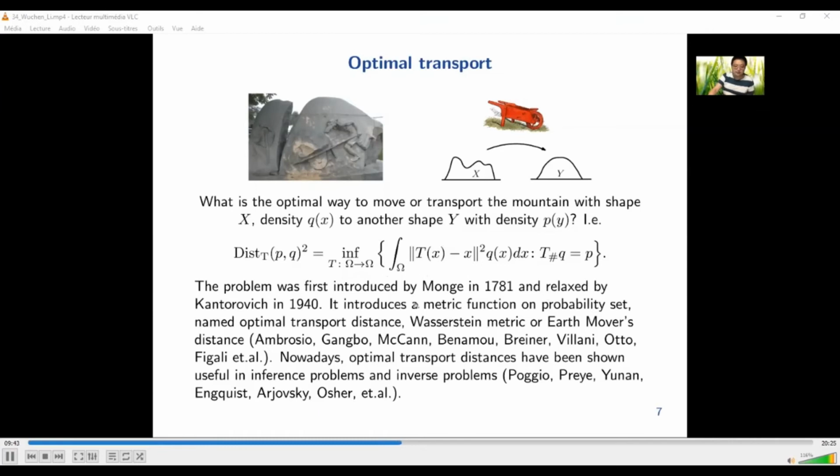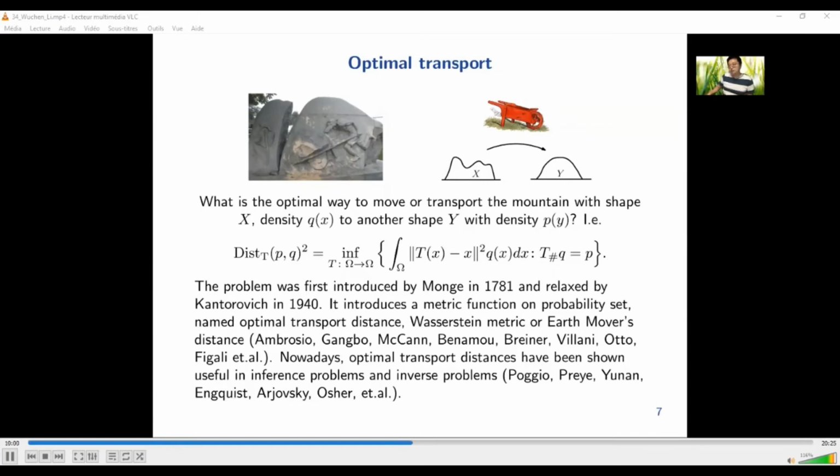Again, this becomes a very interesting problem, and Monge, Kantorovich, Wasserstein all correspond to this kind of meaning. So it's to find the best transportation to move one density to the other one.